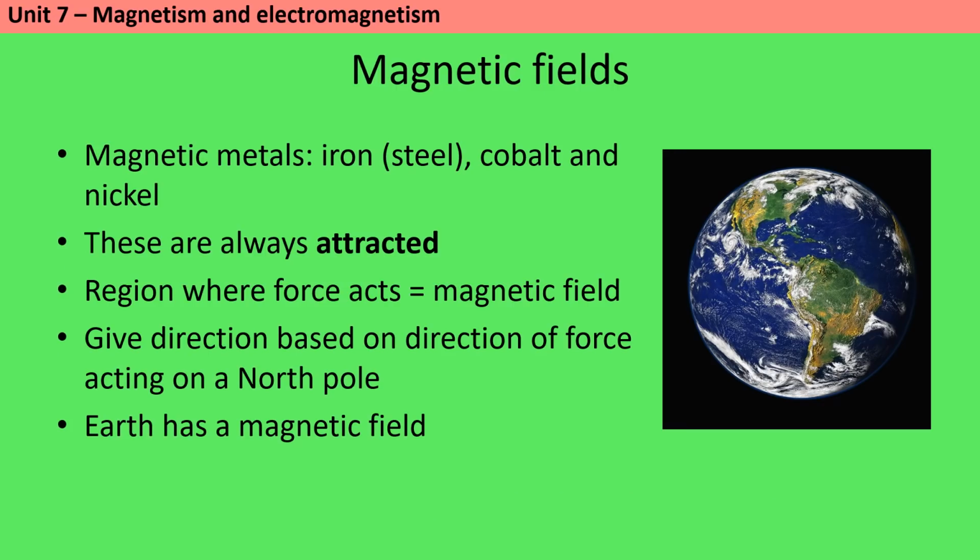So we've already said that the area around a magnet where a force is acting on another magnet or on a magnetic material is called the magnetic field. Those magnetic materials are iron, cobalt and nickel, and also the exam board mentioned steel, which is an alloy made of iron, so that's why it's magnetic. Where you've got a magnetic material, so say a lump of iron, rather than a magnet, the force acting on it is always going to be attraction.